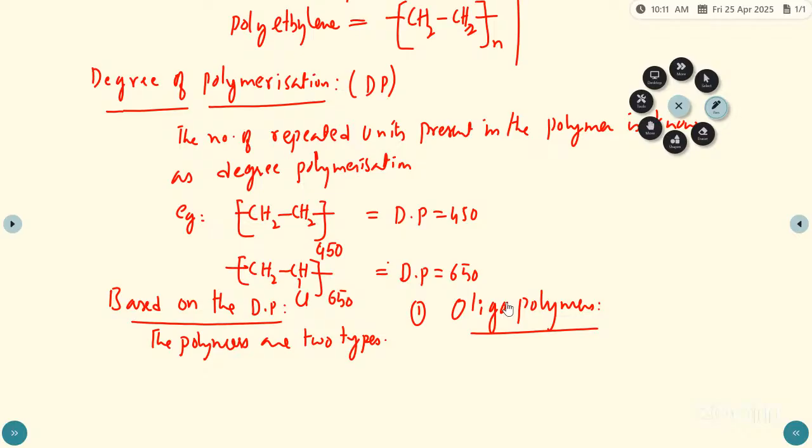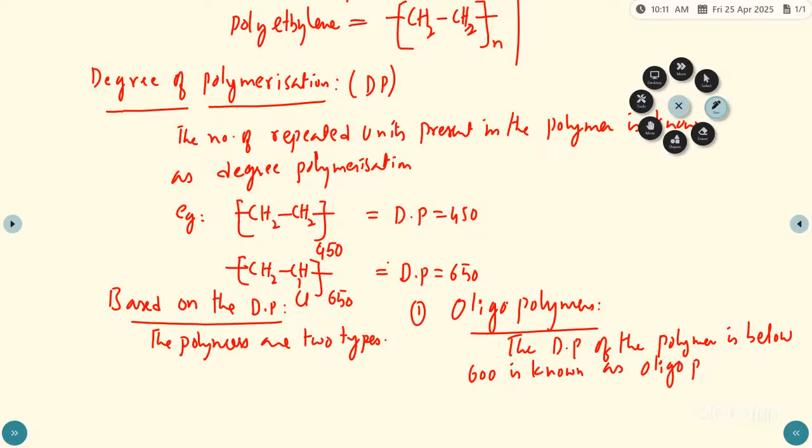The polymer whose DP is below 600 is known as oligopolymer. So if the DP of the polymer is below 600, it is known as oligopolymer.